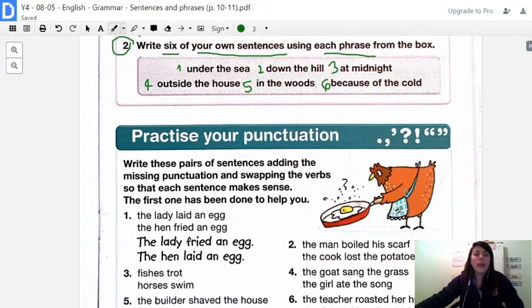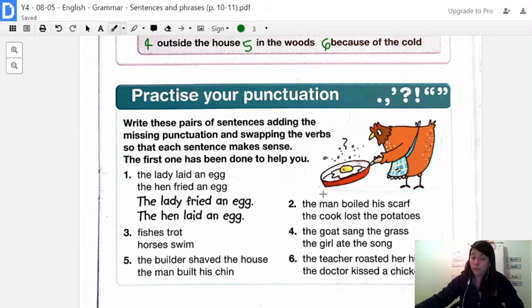The last thing that we have today is a very funny exercise. It says practice your punctuation. Write these pairs of sentences, adding the missing punctuation and swapping the verbs. Swapping is like interchanging, so that each sentence makes sense. The first one has been done to help you. So the first one says, the lady laid an egg. The hen fried an egg. Now, do you see a hen frying an egg?